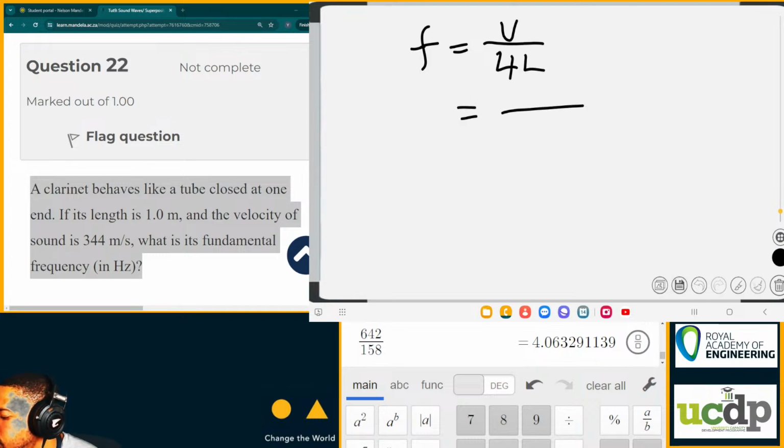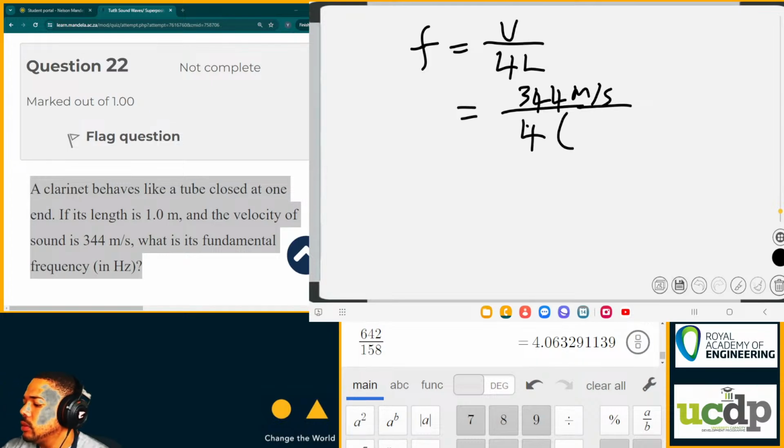We divide 344 meters per second by 4 times the length of the tube, which in this case is 1 meter.